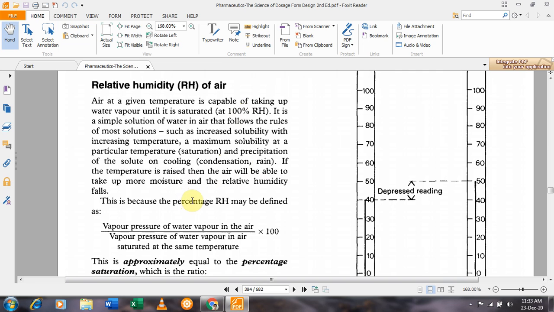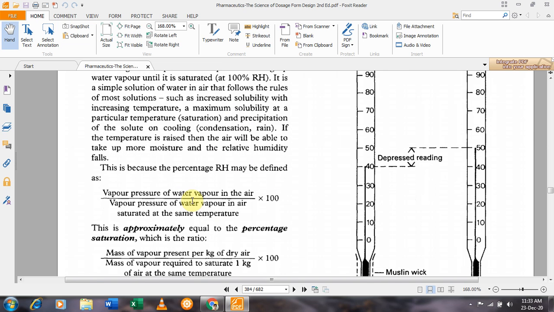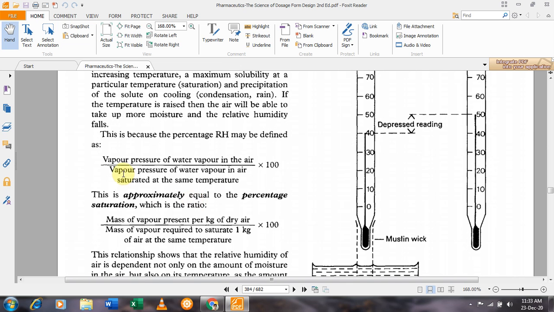This is because the percentage relative humidity may be defined as the vapor pressure of water vapor in the air. If complete saturation, the relative humidity will be 100%.